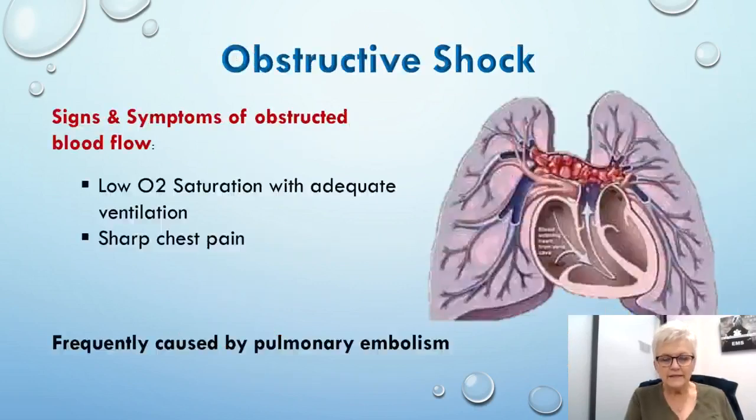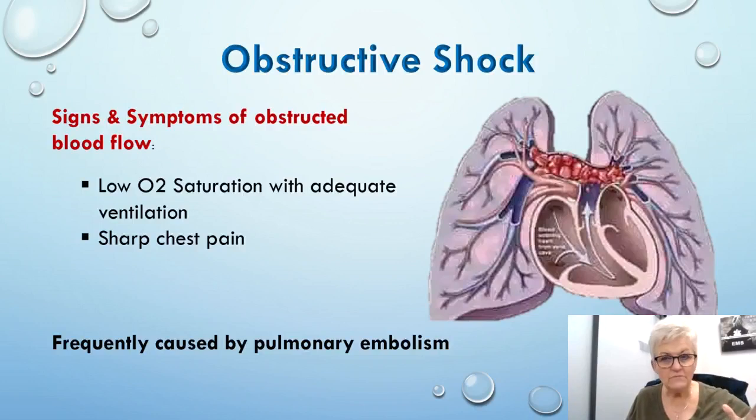Okay. And then lastly, obstructive shock. Now, obstructive means there is something that is blocking the blood flow. Okay. Most of the time, guys, this is caused by a pulmonary embolism, which is simply a clot in the blood vessels, the pulmonary artery, the pulmonary artery that is taking the blood to the lungs to get oxygenated.